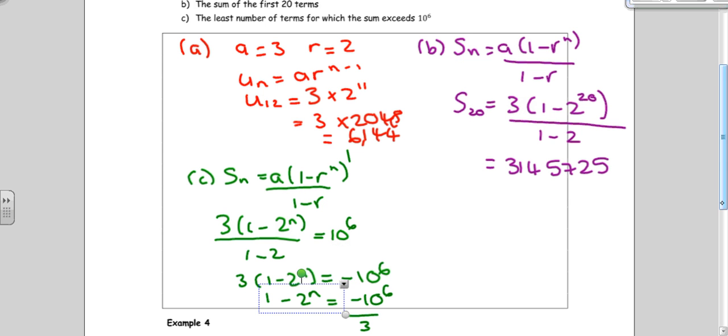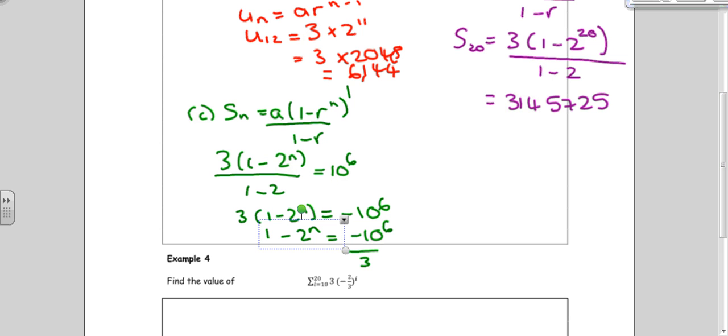And then move my 1 over. So that would give me, swap sides so that the 2 to the power of n is positive. So that's 2 to the power of n would equal 1 plus 10 to the power of 6 over 3.